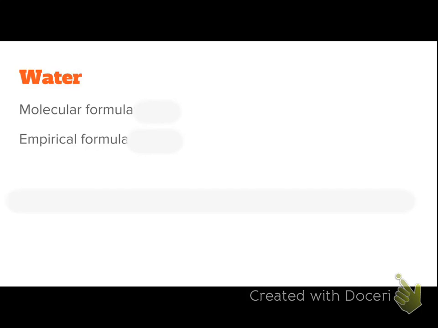So another one, water. We're all very familiar with water, right? So its molecular formula is what? H2O. Hopefully we all got that right there. Now, the empirical formula is going to be the simplest form of that. Now, what you have to remember is that your subscripts in a chemical compound must be whole numbers.